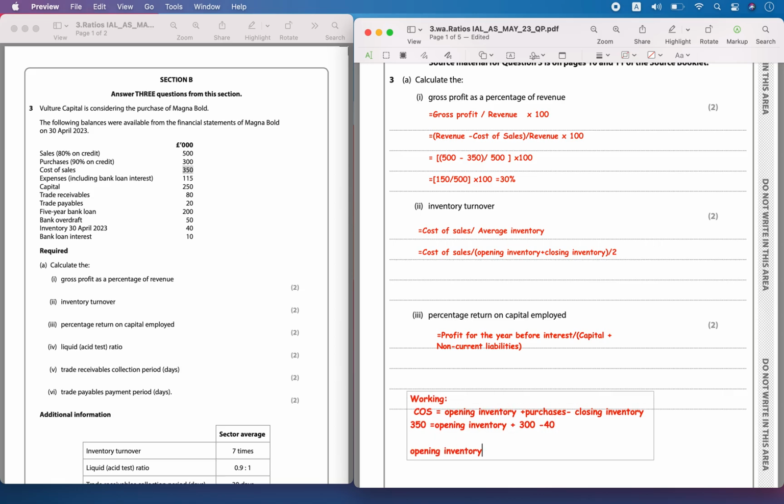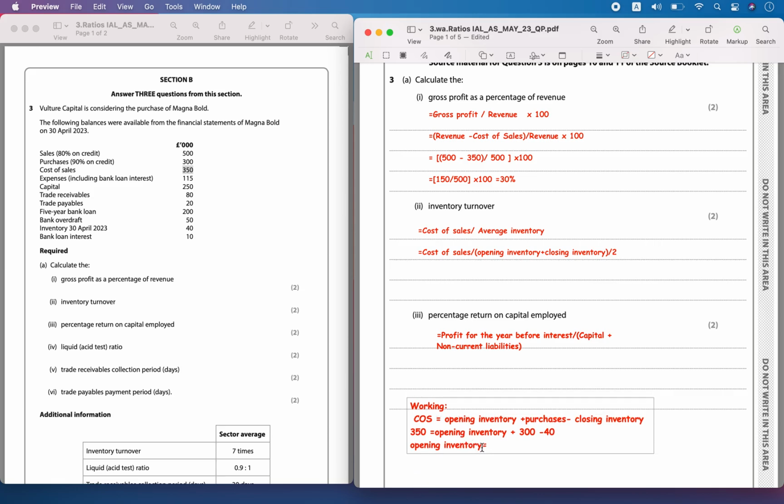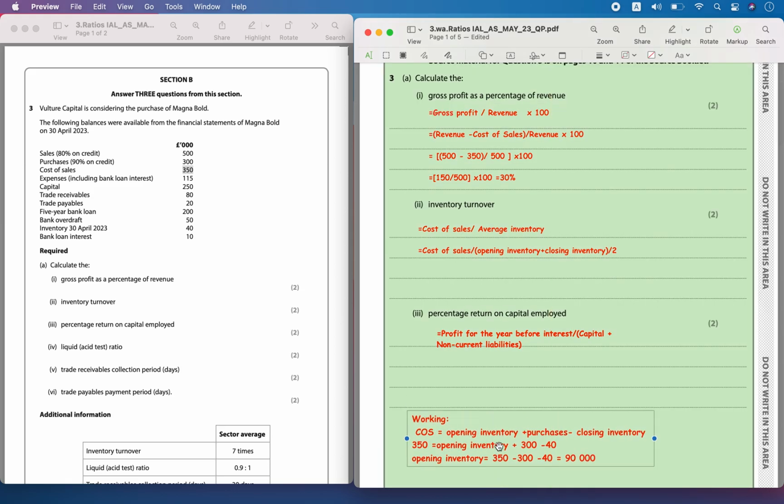So the opening inventory will be equal to 350 minus 300 minus 40, which is 90. Okay, 90,000. So that is the cost of the opening inventory.